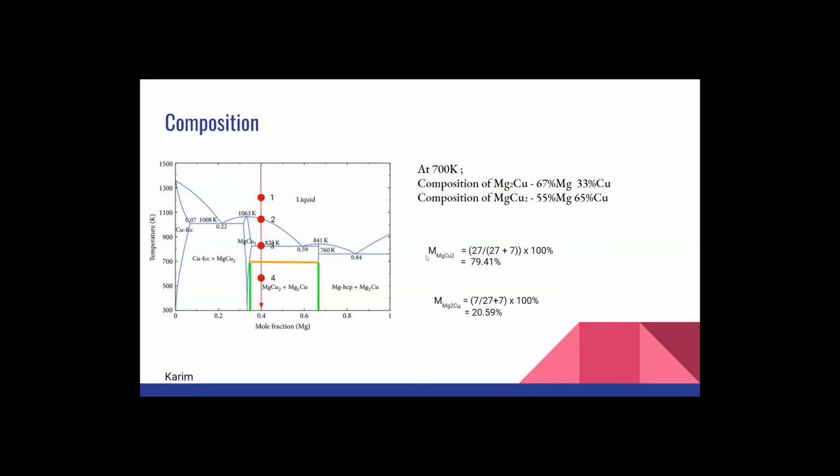After the calculations, MgCu2 was 79.41%, then Mg2Cu was 20.59%, to form 100% at the final state.